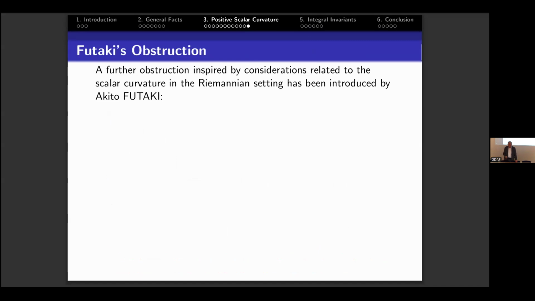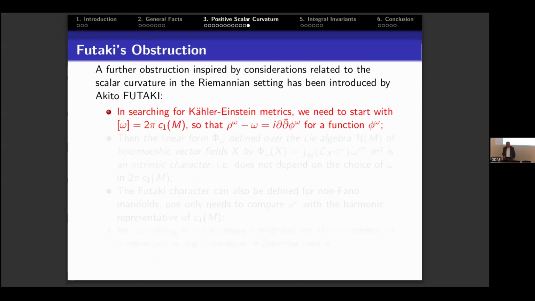And there is a much more subtle obstruction which has been found by Akito Futaki, which is the following one. So imagine you start with a Kähler form, omega, which has the property that its Kähler class is 2 pi c1 of M. So it means that if you take the difference between the Ricci form and omega, it's an exact form, it's i partial-bar partial of a certain function.